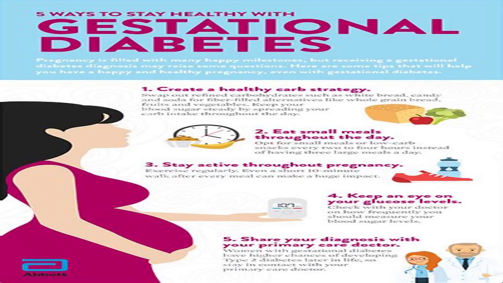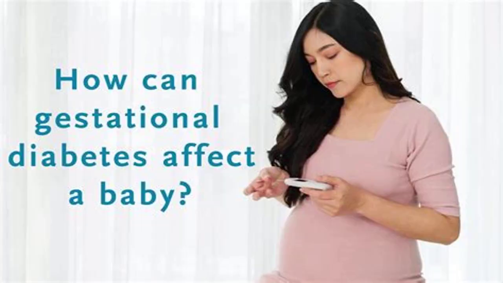Once separated from the mother's glucose supply, this can lead to low blood sugar levels, which require medical attention. Children born to mothers with gestational diabetes have a higher risk of developing type 2 diabetes later in life. This is linked to both genetic predisposition and the altered environment in the womb.